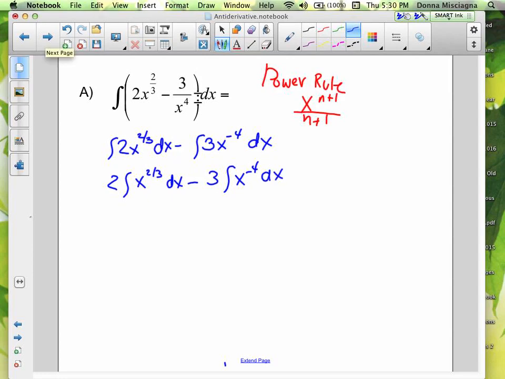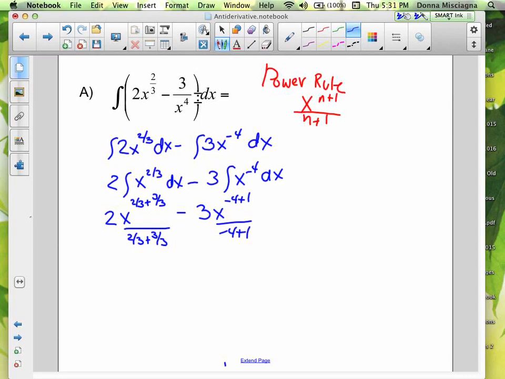And now these are both power rules, and it doesn't matter that the exponent's a fraction, it's still a power rule. I'm just going to add 1 to it and divide by the same thing. All right, so I've got 2x to the 2/3 plus 3/3, and I have to divide by 2/3 plus 3/3, minus 3x to the negative 4 plus 1, divided by negative 4 plus 1.